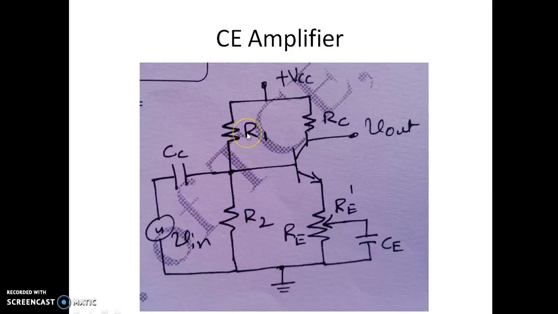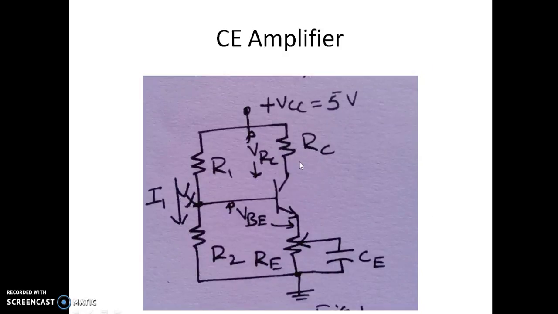The resistors used are quarter-watt resistors as per the design values of resistance, and RE is realized using a pot with two terminals connected, one to the emitter, one to ground, and the third terminal is connected to the bypass capacitor, which is usually an electrolytic capacitor. CC is the coupling capacitor, which is usually a ceramic capacitor, and the transistor that is used will usually be SL100 or BC547. So we shall see how we proceed.